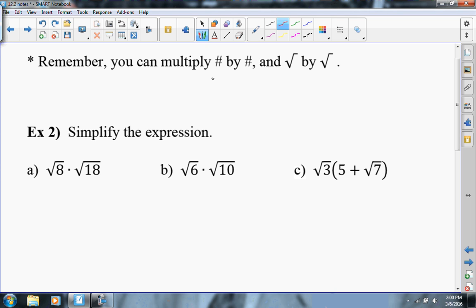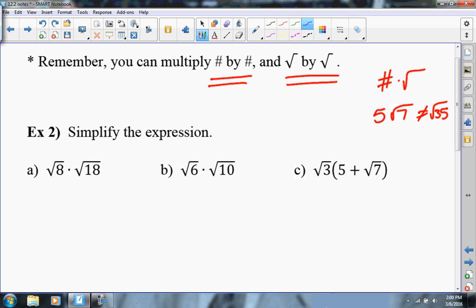So we say we can multiply a number by a number and a radical by a radical, but you can't multiply a number by a radical. You can't multiply them together. You just write 5 square root 7, okay? You would just leave those together. That is not equal to the square root of 35. Okay? So we can multiply a number by a number and a square root by a square root.